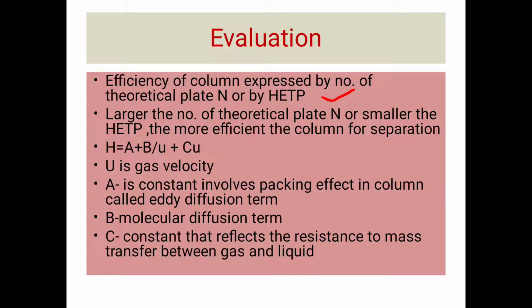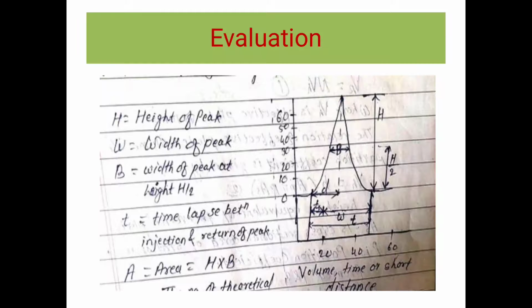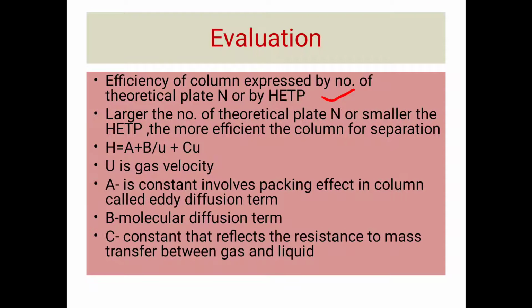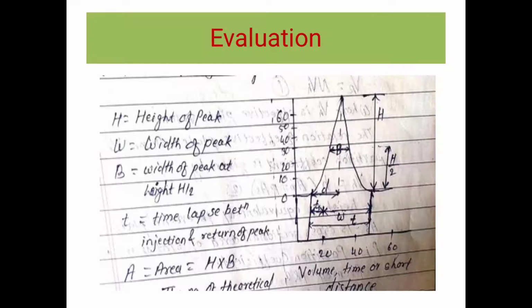From the elution curve, the number of theoretical plates in any column can be calculated, which is shown in the figure. We will discuss this figure later. The distance d from the point of injection to the peak maximum can be measured in units of length, time or volume, and is generally called the retention volume, that is VR.